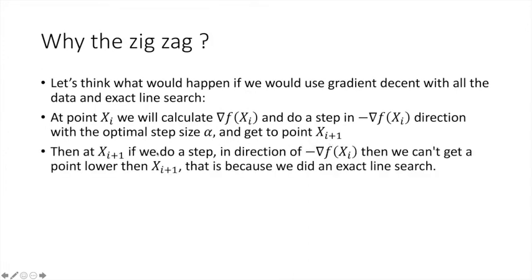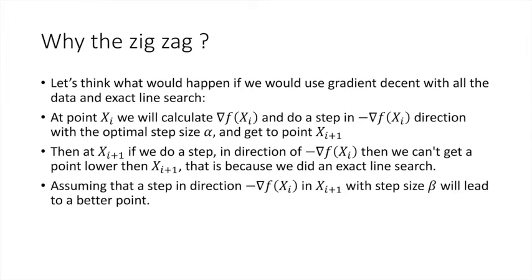Then at point xi plus 1, if we do a step in the direction of minus the gradient at point xi, then we cannot get a point lower than xi plus 1. This is because we did an exact line search.